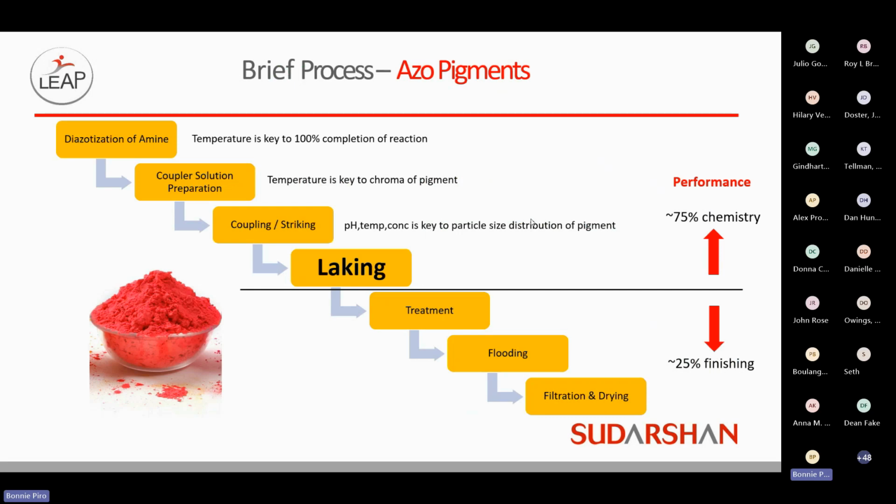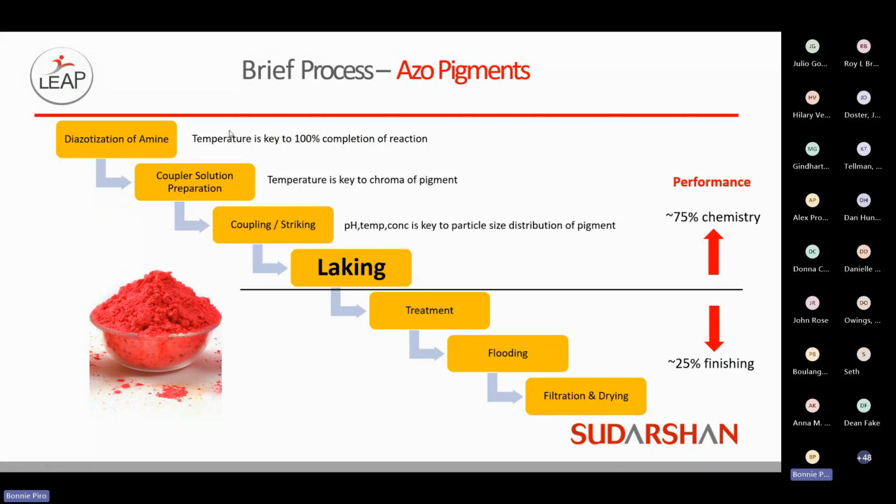So from a manufacturing perspective, they're all made the same way. The one side of the azo double nitrogen double bond comes from the amine in there, and then the other side comes from that coupler perspective.